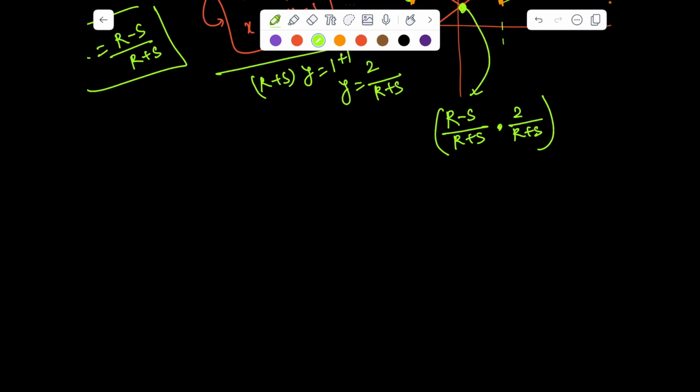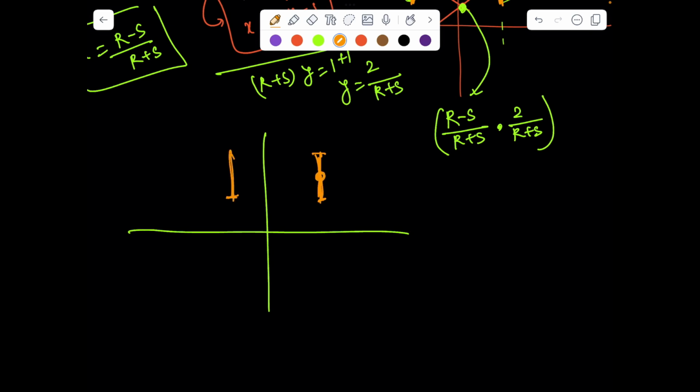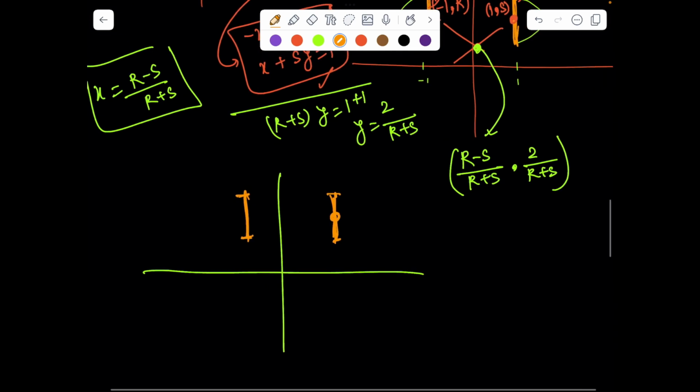Now equipped with this idea, I'm ready to finally hit this question, because now I have a vertical bar with a random coordinate where I have only 1 degree of freedom, right? And this lower point is, remember, from (-1, 1) to (-1, 2).